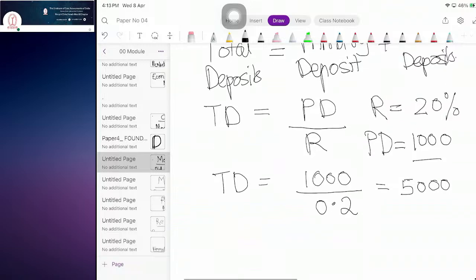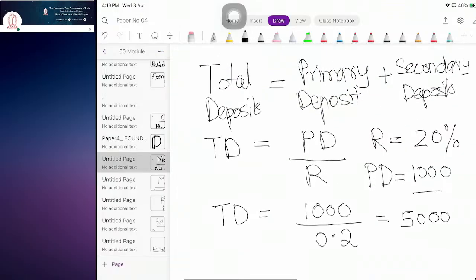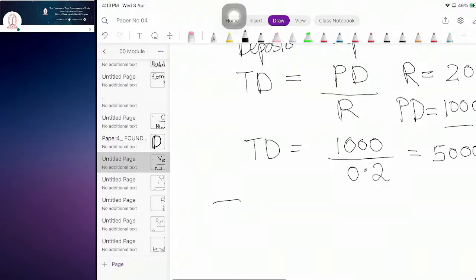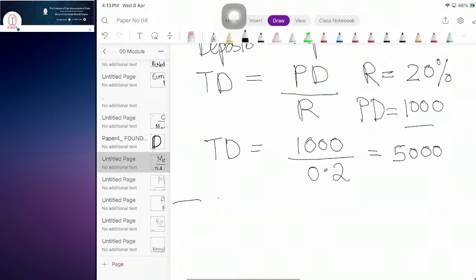Now the answer is not here, still we have to do one more step. Total deposits are 5,000 and primary deposits are 1,000, so the balance would be the secondary deposit.